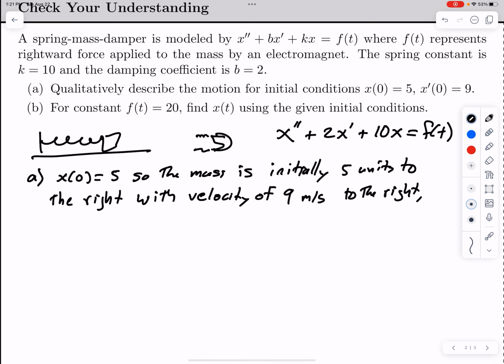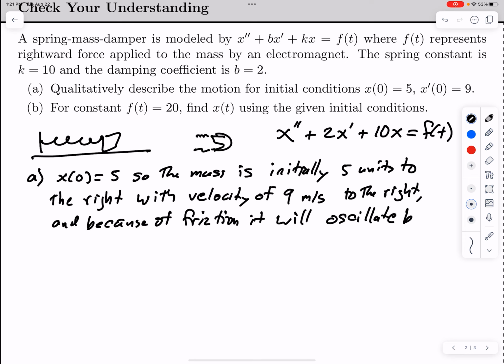Because of friction, it will oscillate back to zero, unless there is a forcing term, unless an external force is applied.